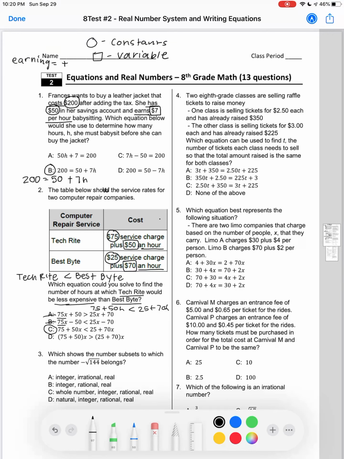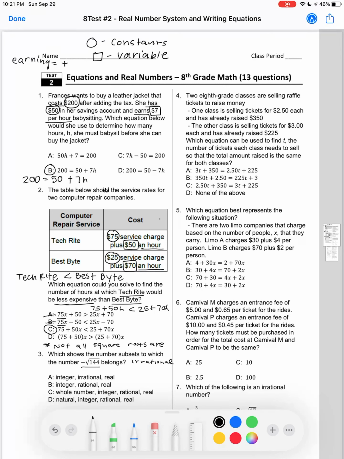Okay, which shows the number that subset, which the number 144, negative square root of 144. So once again, not all square roots are irrational.